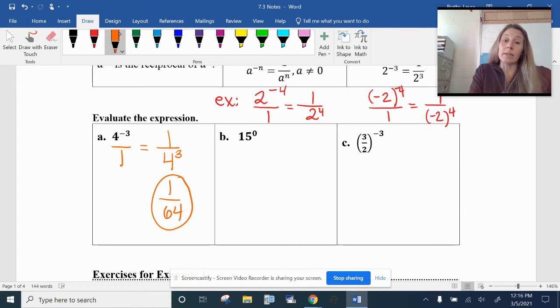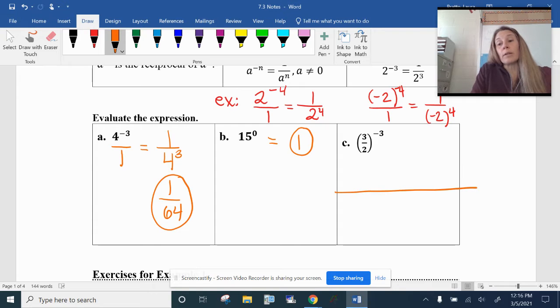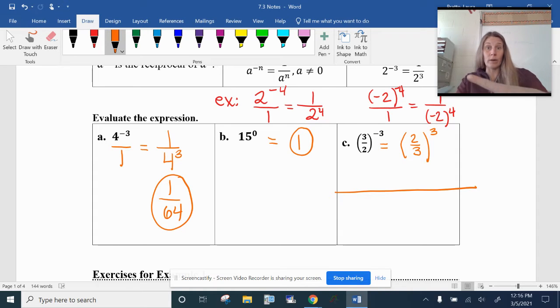Now the next example is simply 1, because any number raised to the 0 power is just 1. Now C, you're going to have two options. Option 1: since this number is already a fraction and it's raised to a negative exponent, I can simply flip the fraction and change the 3 to a positive. So my 3 from the 3/2 went to the bottom, my 2 went to the top, and my exponent became positive.